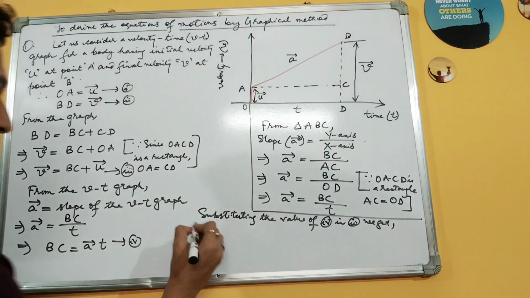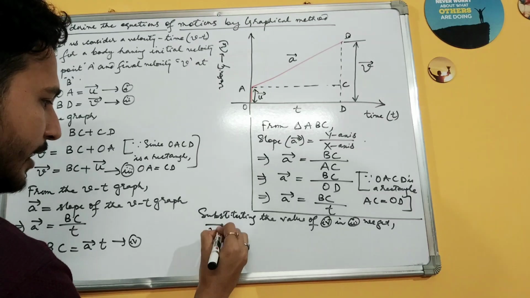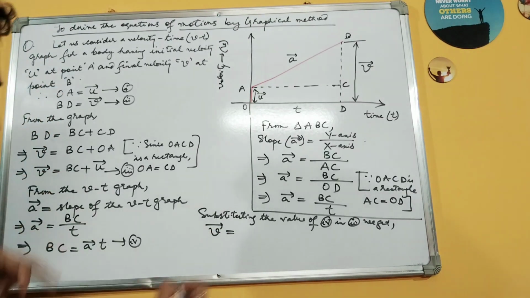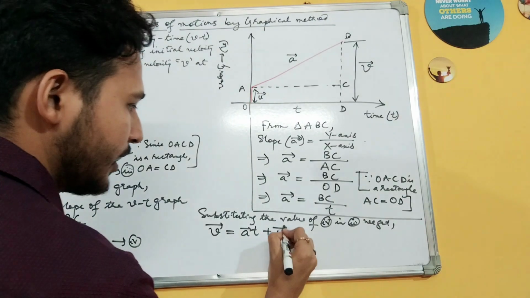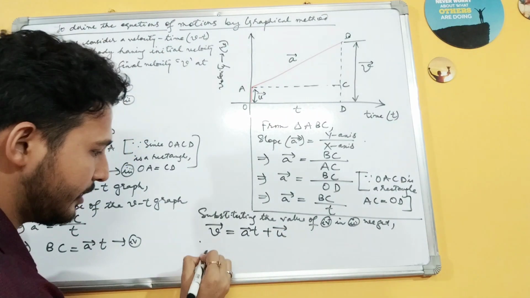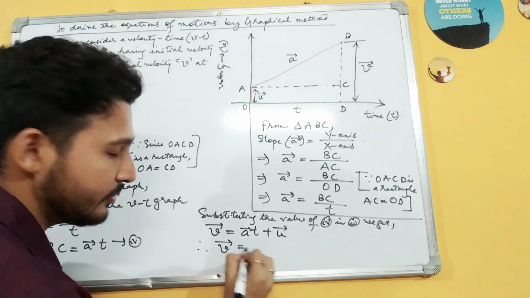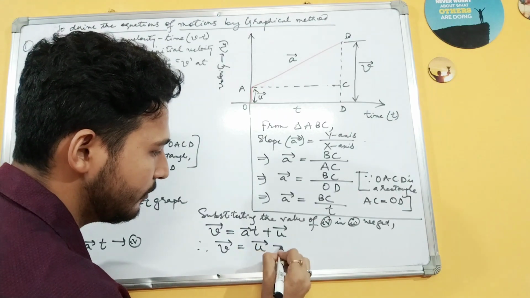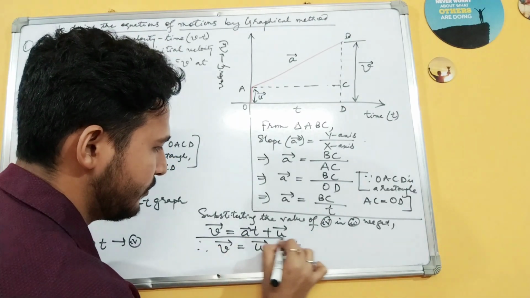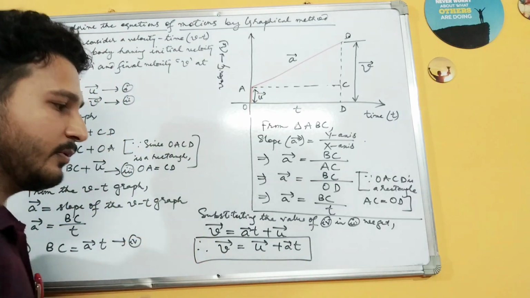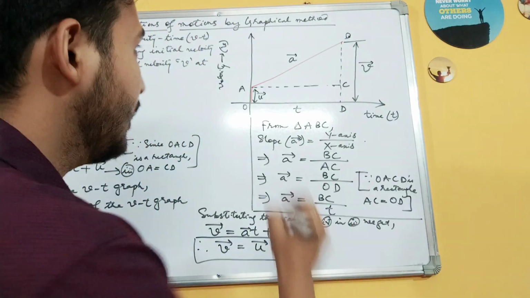V bar is equal to, what's the value of BC? A bar T plus U bar. You get here: therefore, V is equal to U plus AT. Okay. Just put it in a box. This proves the first equation of motion graphically.